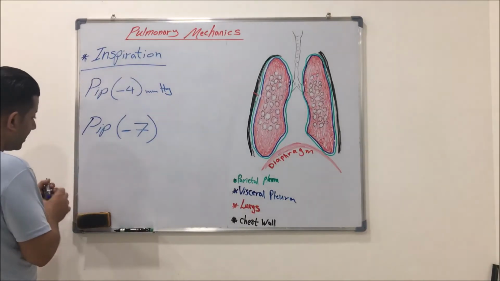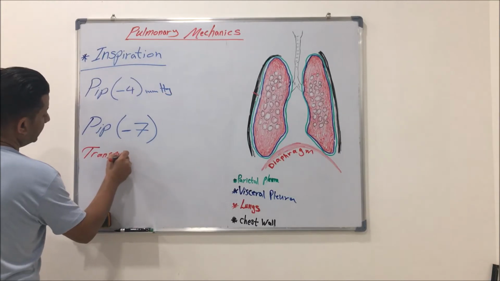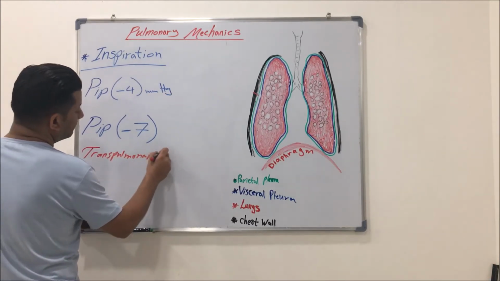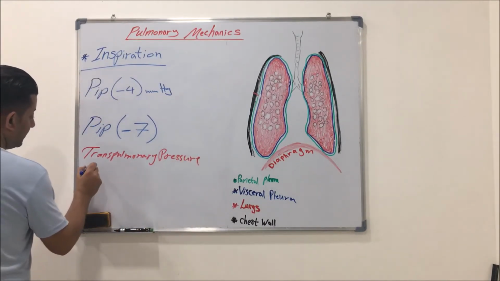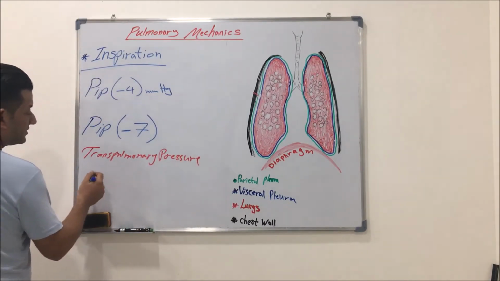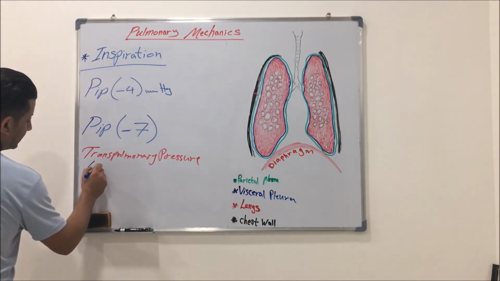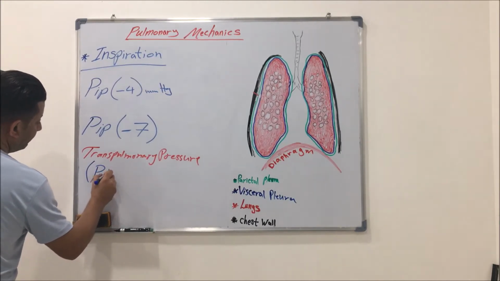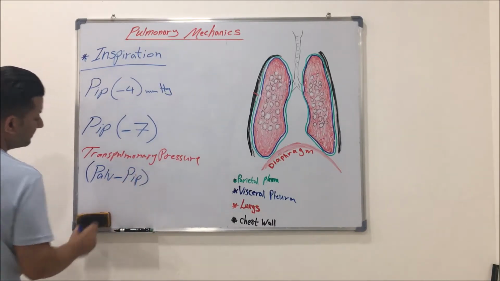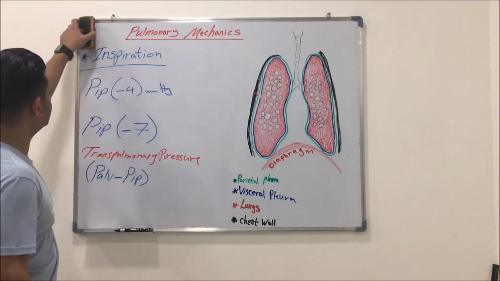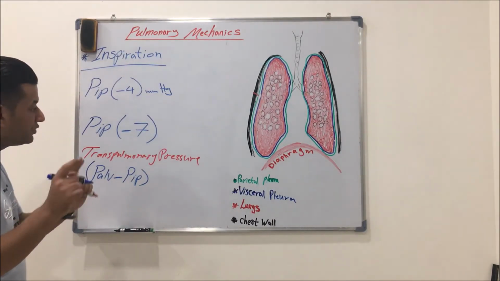Let's speak about the transpulmonary pressure. The transpulmonary pressure represents the difference between the alveolar pressure and intrapleural pressure, as we have said. In normal cases, the transpulmonary pressure is about 4.